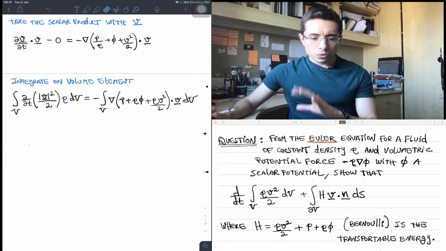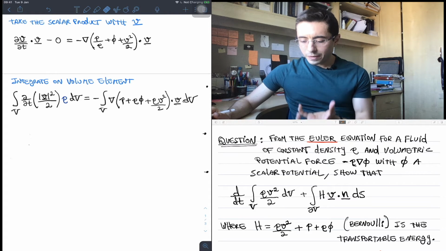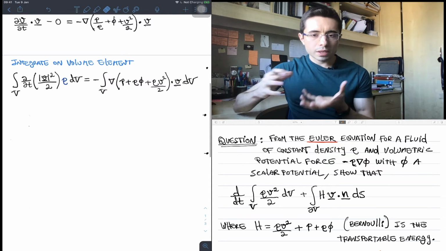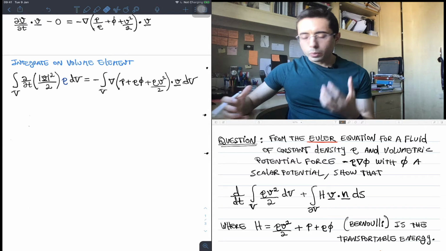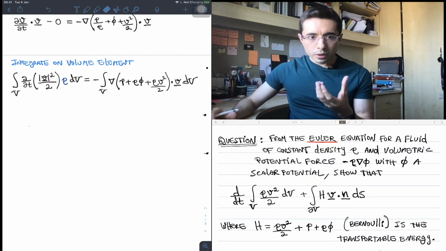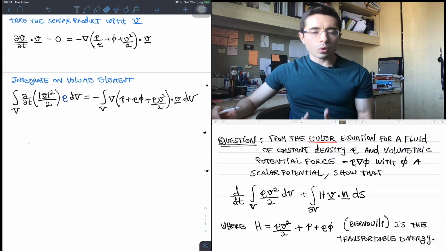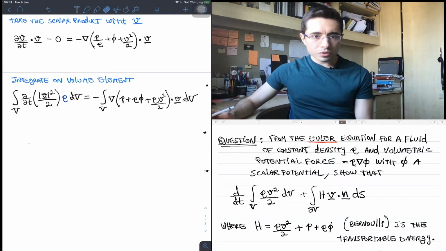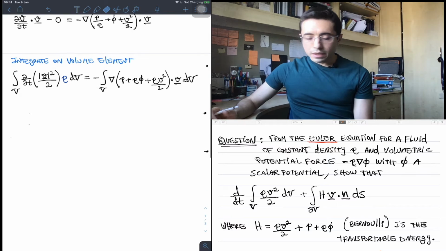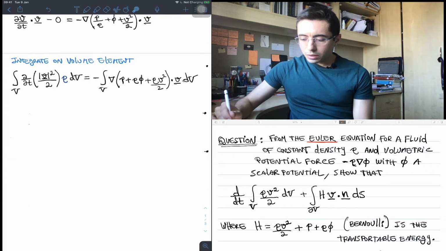So if we want to take into consideration all the fluid, or a bigger element, we need to integrate. So then we integrate what we had before on V, where V is the volume, both sides, integral dV. And I just passed the ρ to the other side because ρ is a constant.